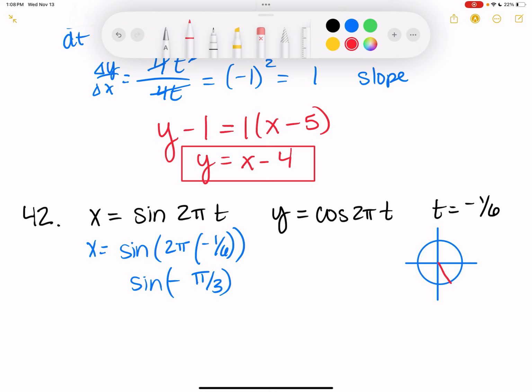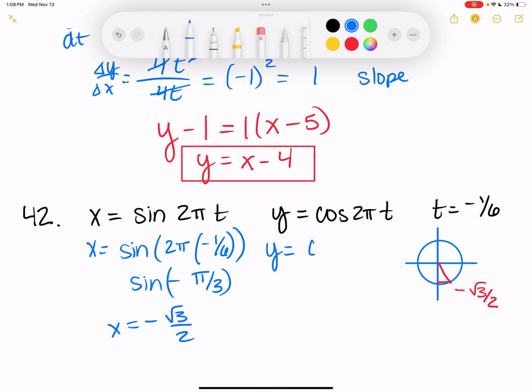What is the y value right here? Negative root 3 over 2. Negative root 3 over 2 is x.